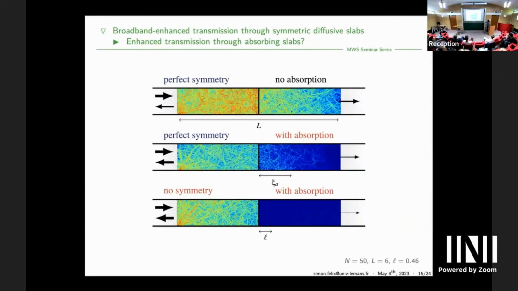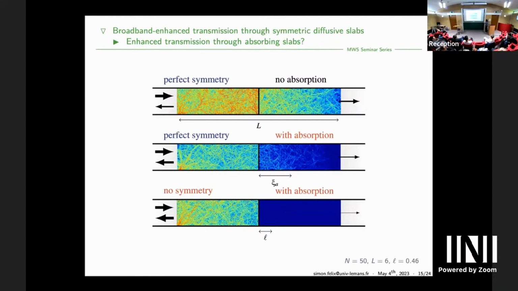And so, just an illustration of it. What I have here is the example of the barrier, a symmetric slab, and no absorption. So we see that we have a significant transmission of the wave. The same with absorption. It is clearly less efficient in terms of transmitting the energy, but I still see some field being transmitted through the barrier.